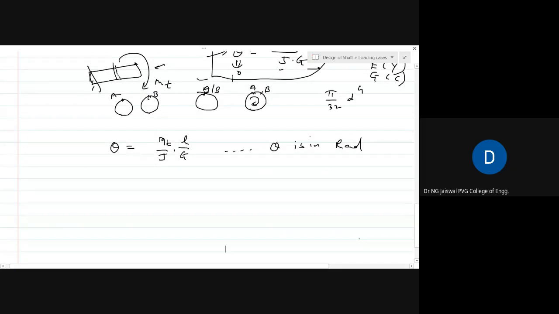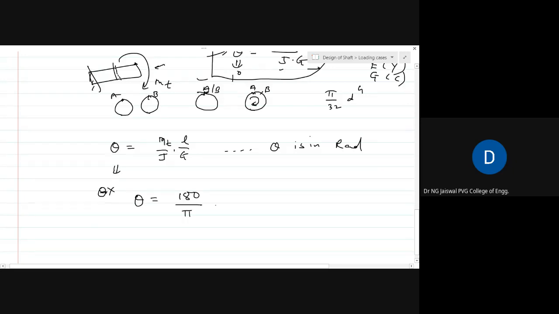If I want to convert theta into degrees, what do you do for the conversion of theta from radians to degrees? You multiply it by 180 by pi. So theta is equal to 180 by pi times this.